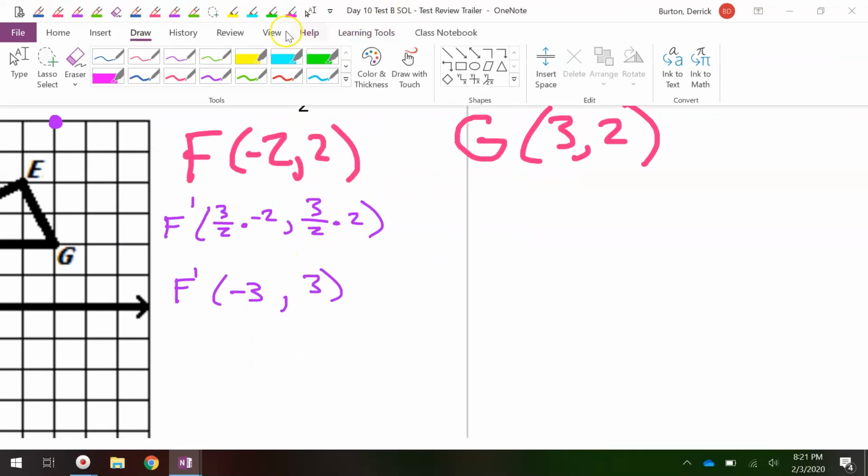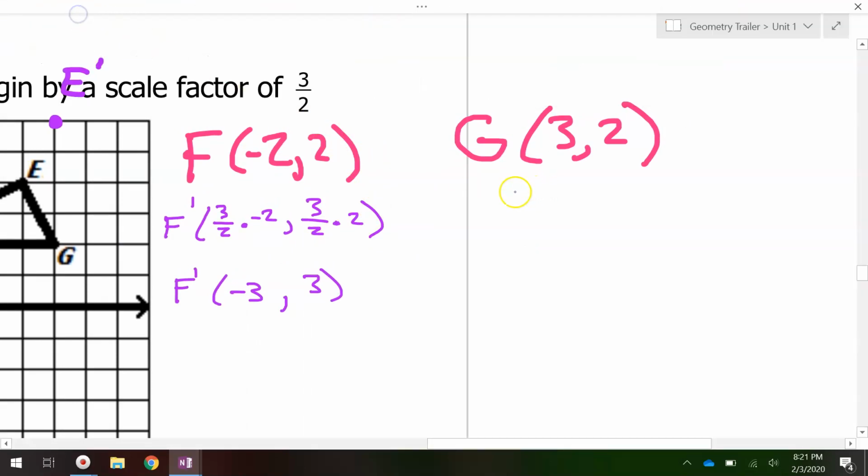Okay, now it's time for G prime. All right, so we're going to do 3 over 2 times 3 and 3 over 2 times 2. Again, we already know that 3 over 2 times 2 is 3. By the way, another way we could have done 3 over 2 times 2 is these 2's cancel each other out. And that's another reason why you know it's going to be 3.